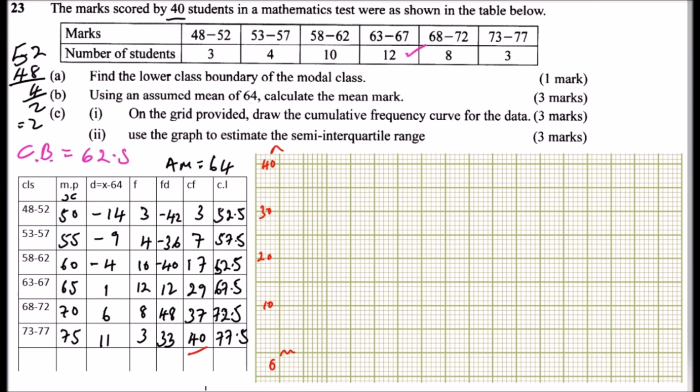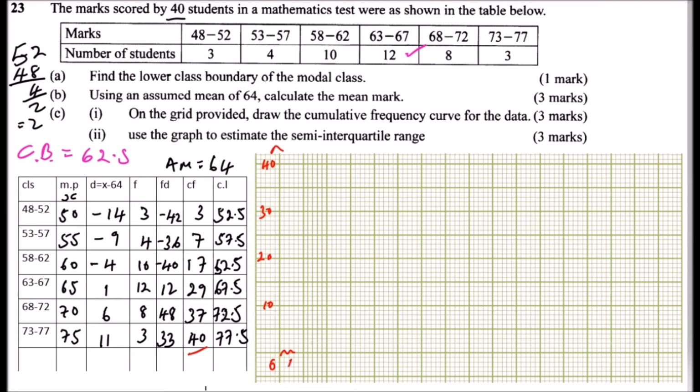Since our class limit starts at the lower class boundary of 52.25, we can start with the lower one.